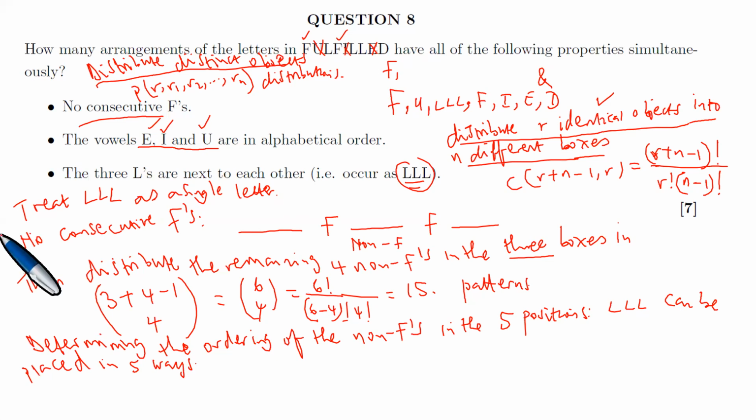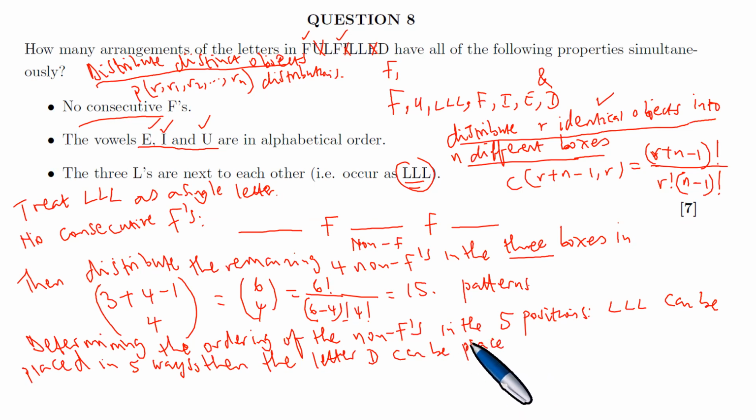After that, you'd have placed the triple L in 5 ways. Then we have the letter D. The letter D can be placed in how many ways?